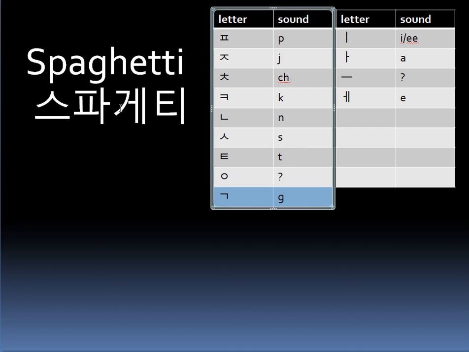It sounded like a G sound. And again, we learned this vowel, 에. So together, 그에, 게. And this one sounded like T here. We learned that. And this one sounded like E. So T.